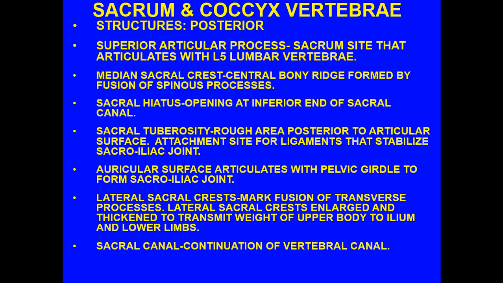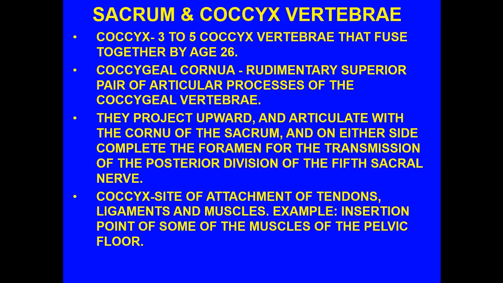The auricular surface articulates with the pelvic girdle to form the sacroiliac joint. The lateral sacral crests mark fusion of transverse processes. They are enlarged and thickened to transmit the weight of the upper body to the ilium and lower limbs. You have also a sacral canal, which is a continuation of the vertebral canal.